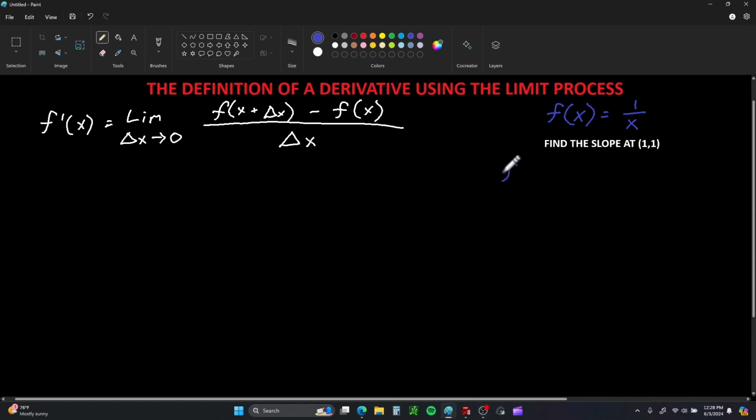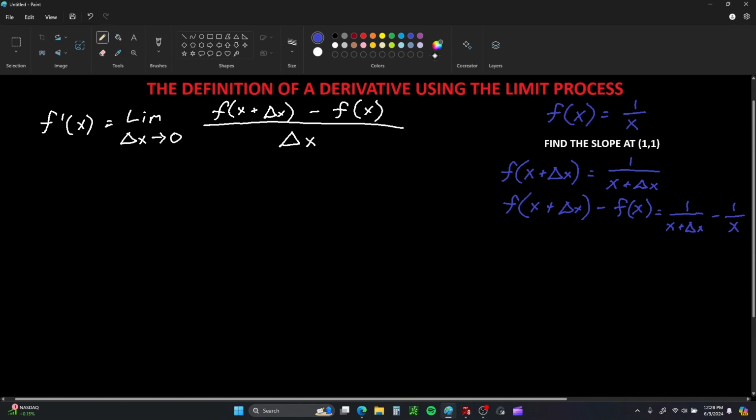So our f of x plus delta x will be 1 over x plus delta x, and then our f of x plus delta x minus f of x is going to equal 1 over x plus delta x minus 1 over x. And we'll go plug this back into the limit.